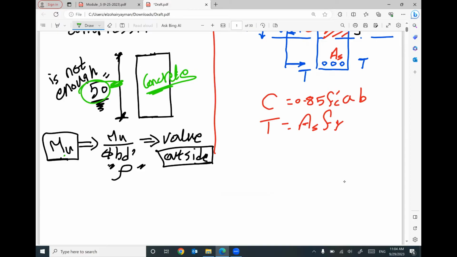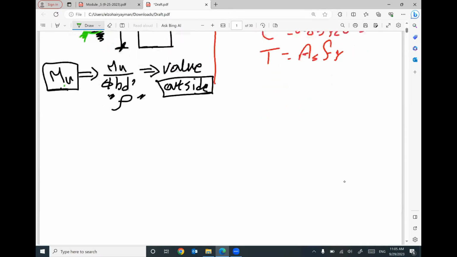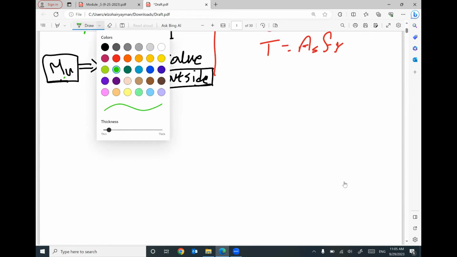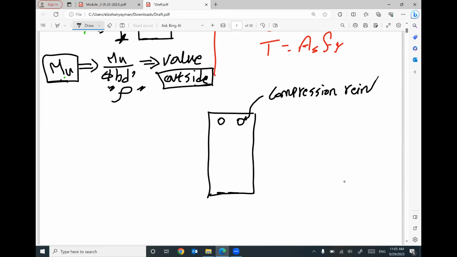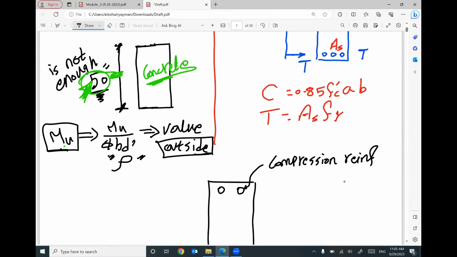If you cannot increase the 50 for any reason, clearance height, whatever the reason, then we have to give a hand to the concrete. What do you mean by give a hand to concrete? I mean, I will provide compression reinforcement. At the same time, I have to provide additional steel reinforcement to the current one.